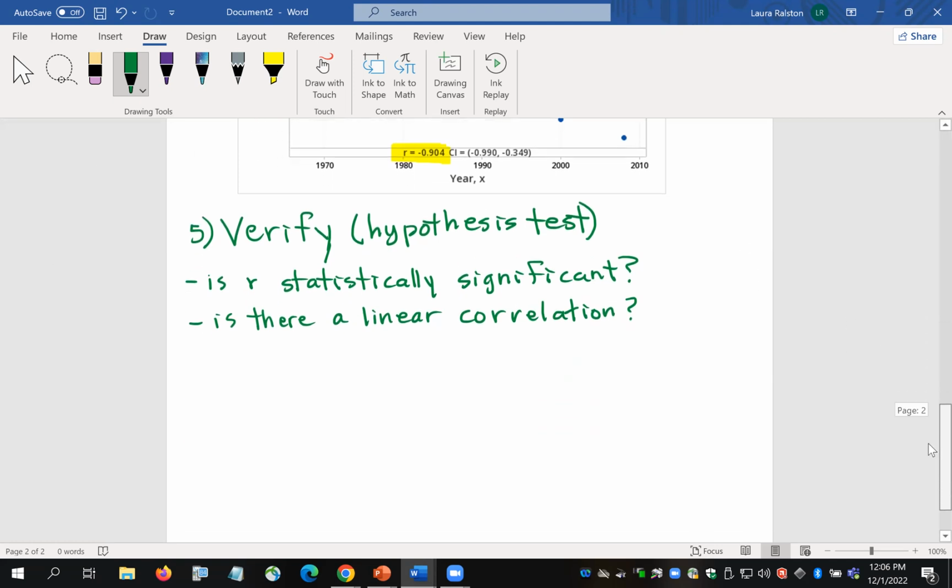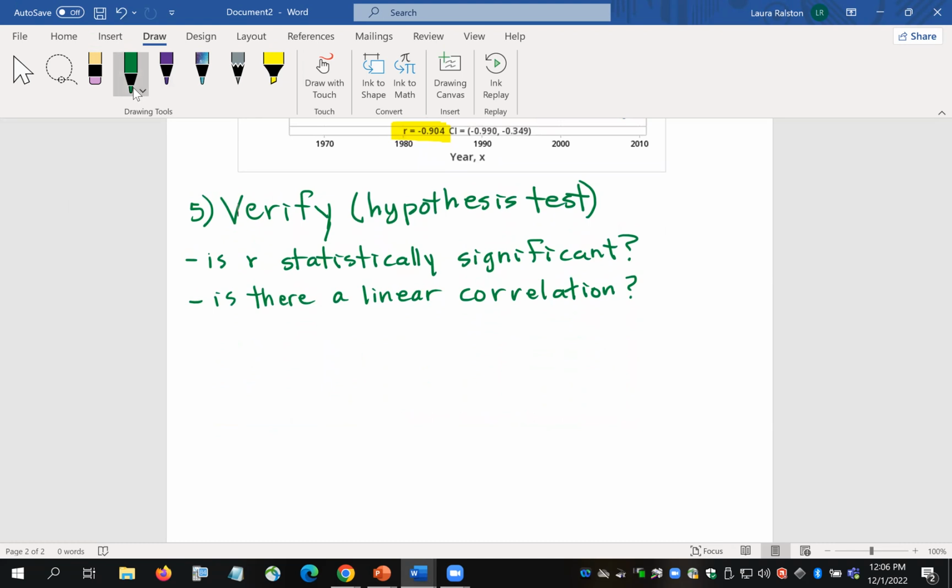So we begin, as we do with any hypothesis test, and we state the hypotheses. Now, for correlation, the hypotheses are stated the same way every time, all the time.